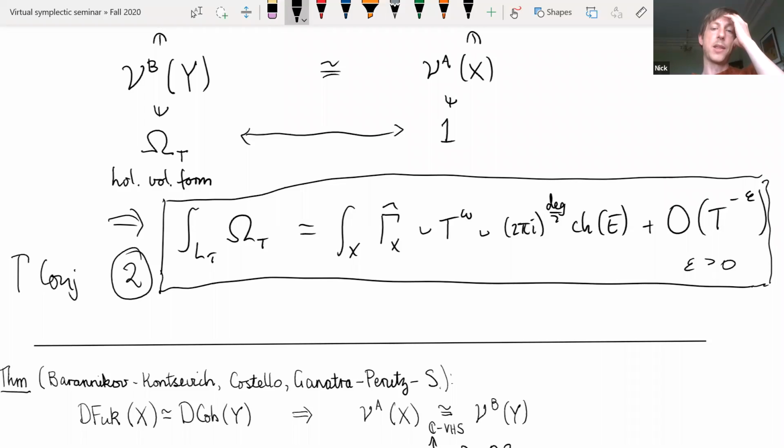But if we put some other line bundle, then we would have components of the Chern character in different degrees, and we would end up with some powers of 2 pi i on this right-hand side. And the way they show up on the left-hand side in the period integral is that now, rather than L being the zero section, it's some non-trivial section.